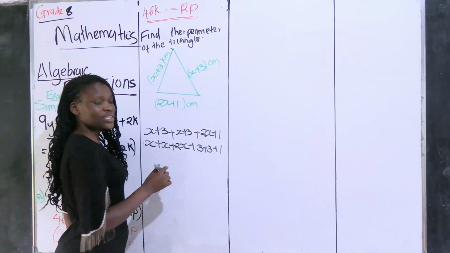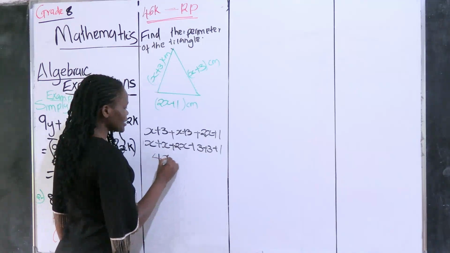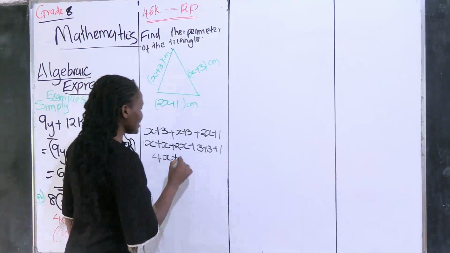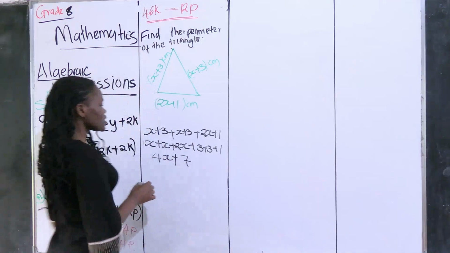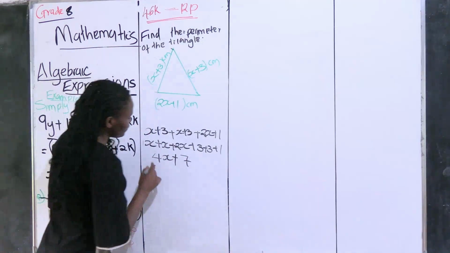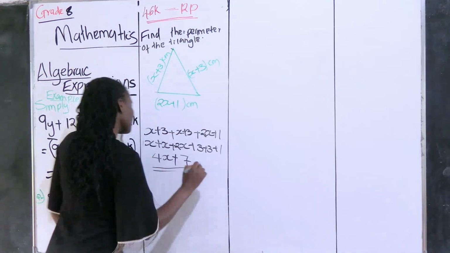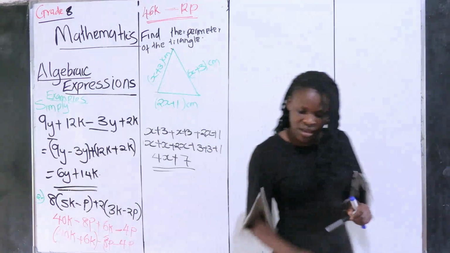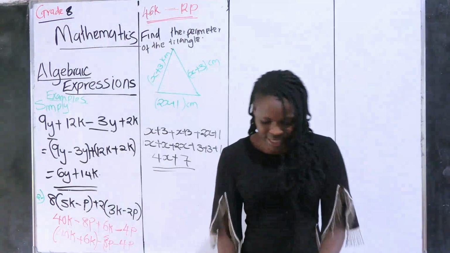So plus 2x will give me 4x, plus 3 plus 3 is 6, plus 1 is 7. So my answer will be 4x plus 7.